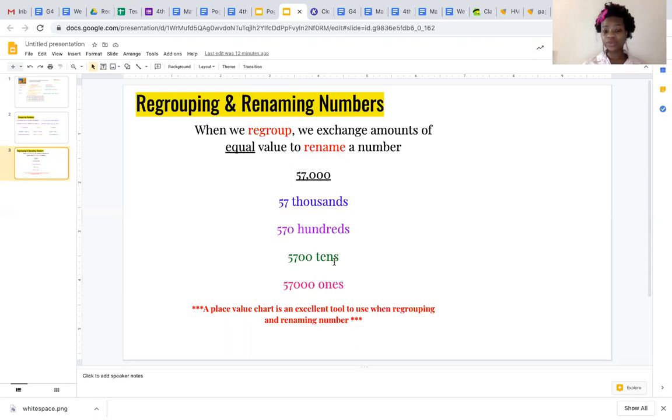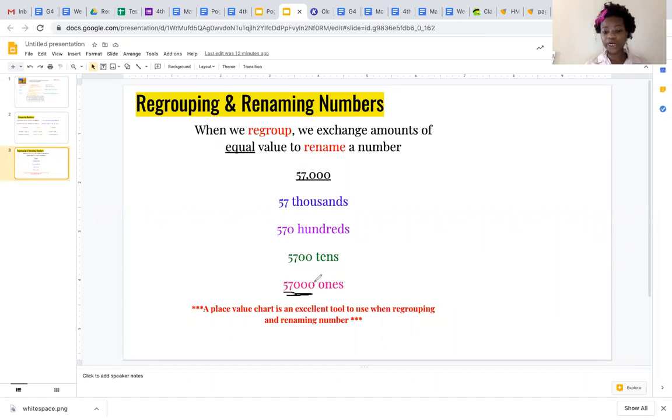And finally, we need 57 thousands to have 57 thousands. Notice that the bigger the number here, the smaller the place value.